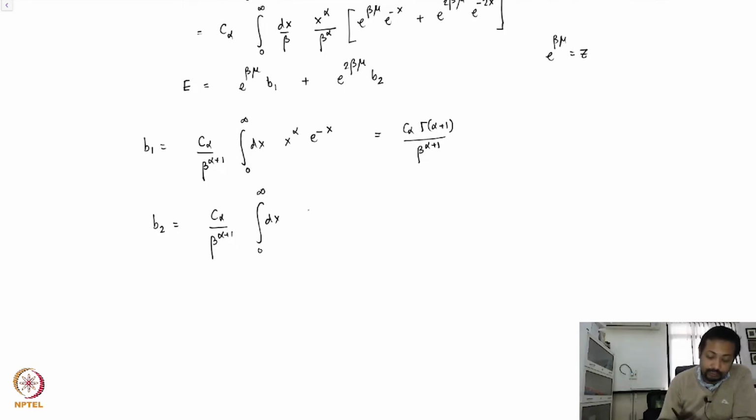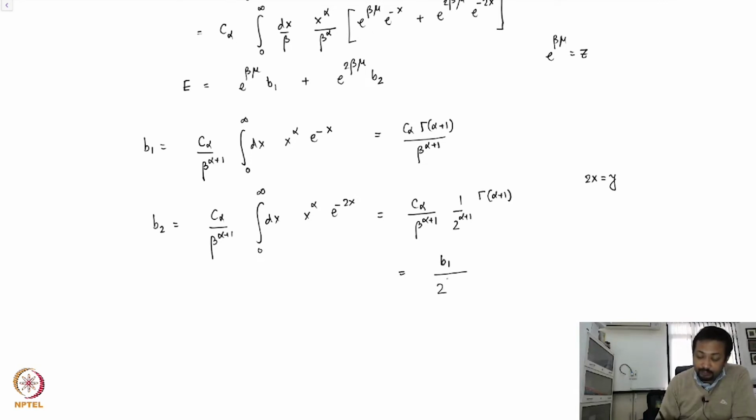Zero to infinity x^α e^{−2x}, and if you substitute 2x equal to y, you will come up with the relation as in the previous case, β^{α+1}, and I will have 1 over 2^{α+1}, and I'm going to have Γ(α+1), which is nothing but b1 divided by 2^{α+1}.